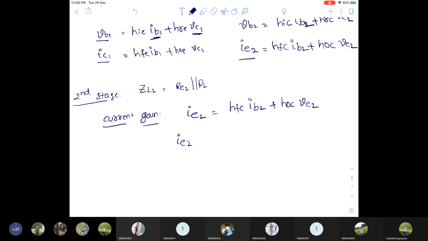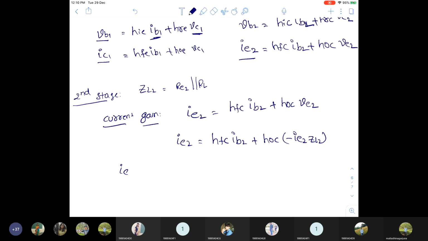From this, VE2 is equal to minus IE2 into ZL2. Output voltage is equal to output current into load impedance, but the load current IL will be opposite to the emitter current IE, so I took it as minus IE2 into ZL2.